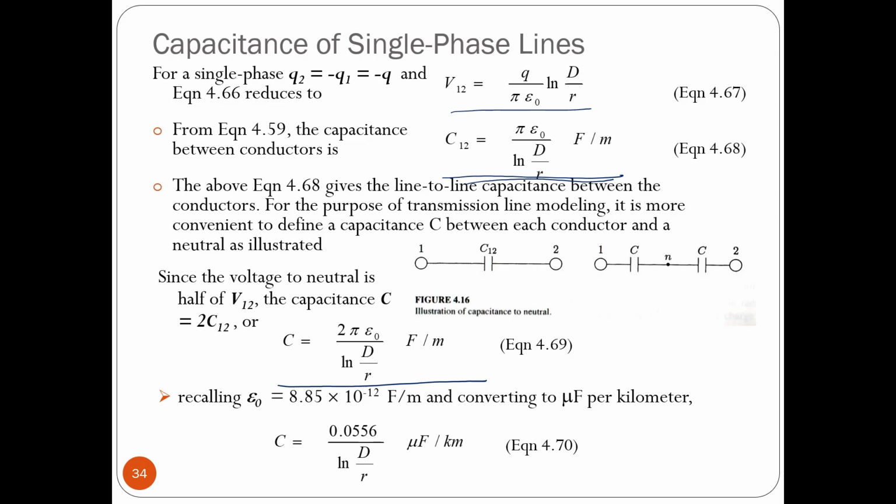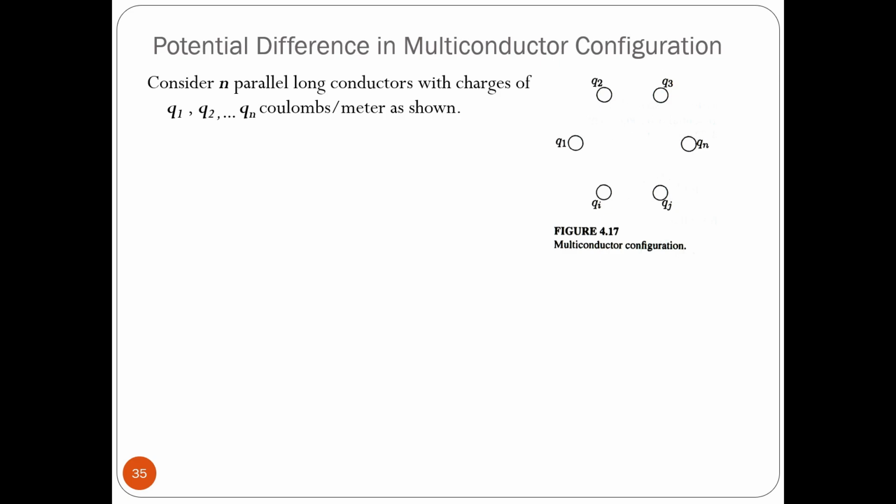Taking into account that epsilon naught is 8.85 times 10 to the minus 12, and assuming we want to look at microfarads per kilometer, it simplifies into this form here. The top part is fixed at a value of 0.0556. Now we need to expand the bottom part, ln d over r. How do we expand it further so that we can do more calculations for C depending on conductor design?